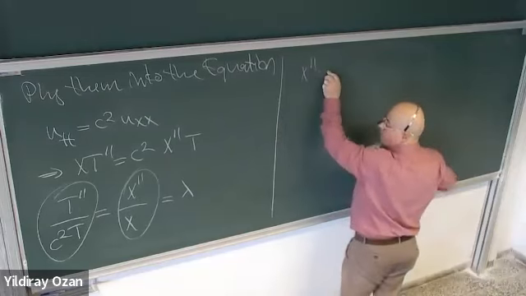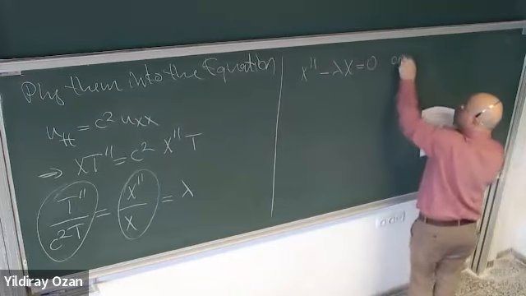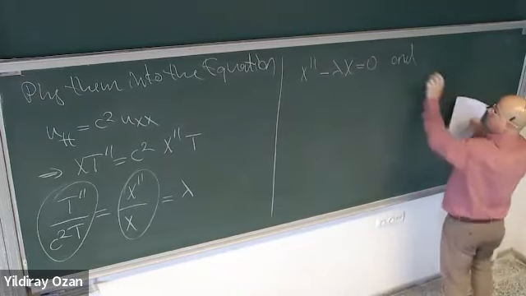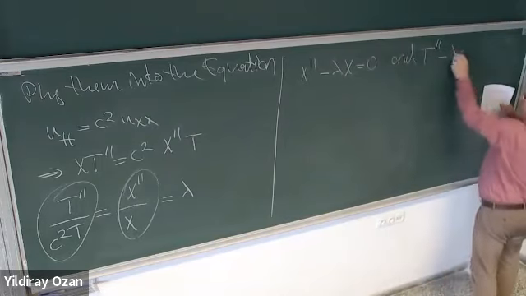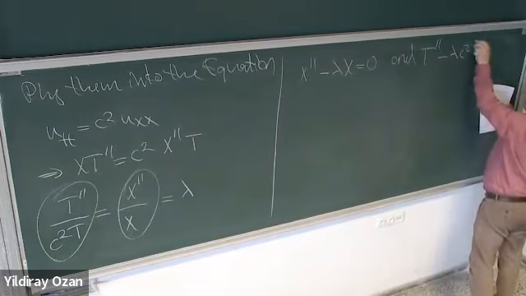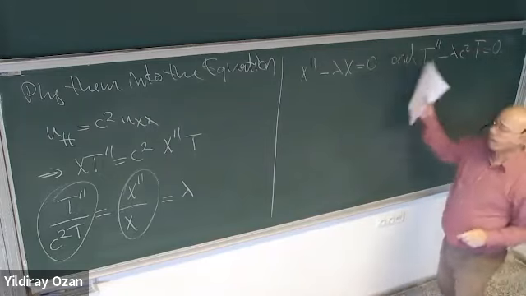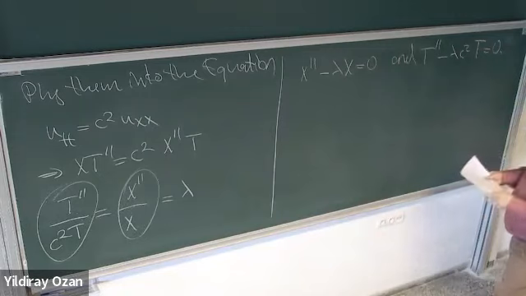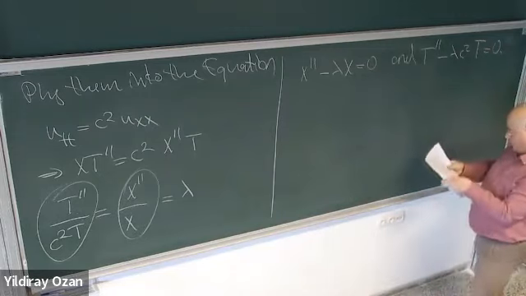X double prime minus lambda x is equal to 0, and t double prime minus lambda times c squared t equals 0. This time, both of them are second order equations. In the heat equation, this was second order, but this was first order.